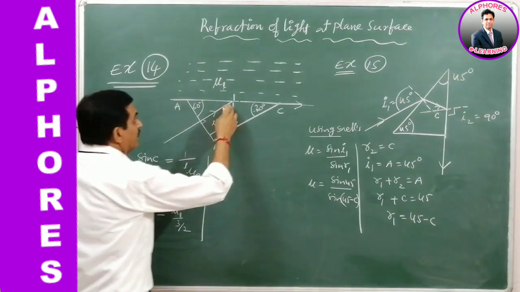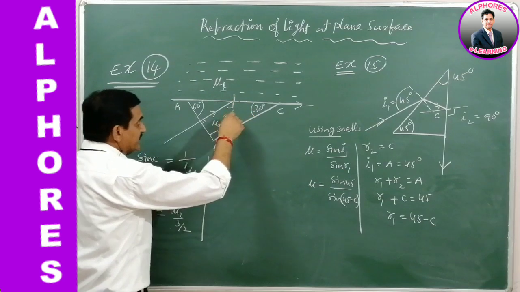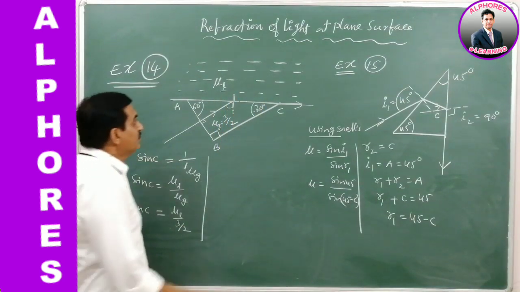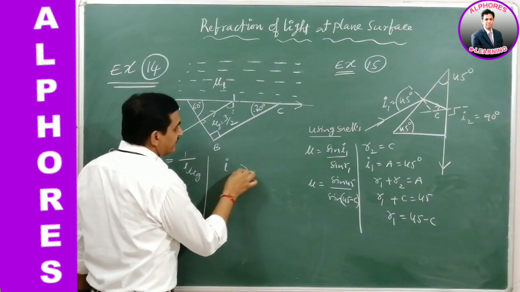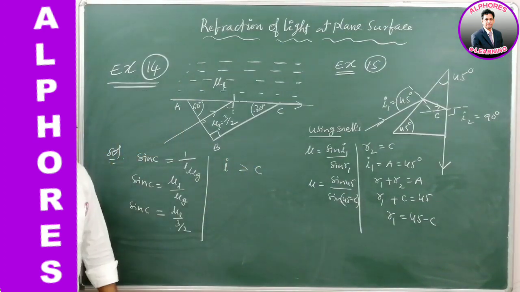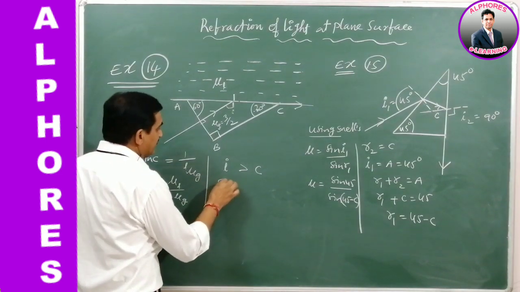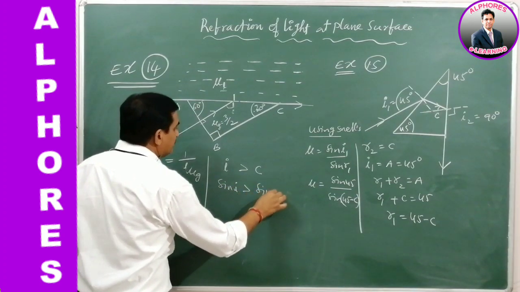In order to get grazing and TIR over here, so that it does not enter the other medium, the angle of incidence should be greater than the critical angle. So sin I is greater than sin C.